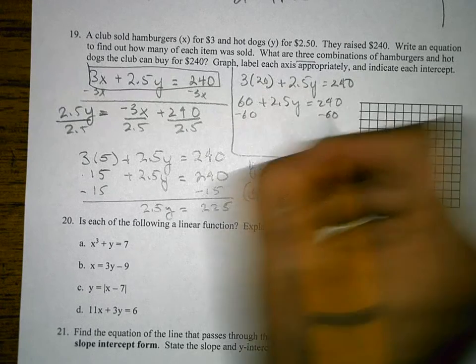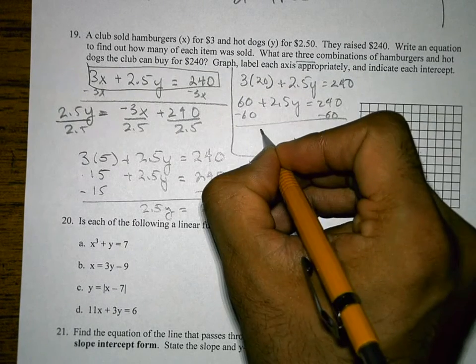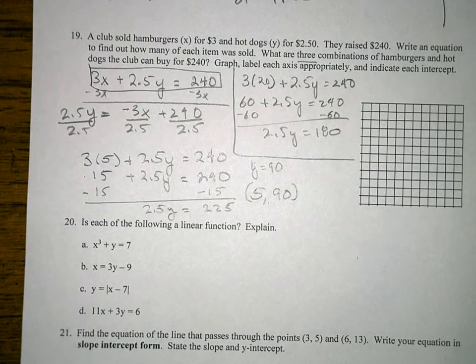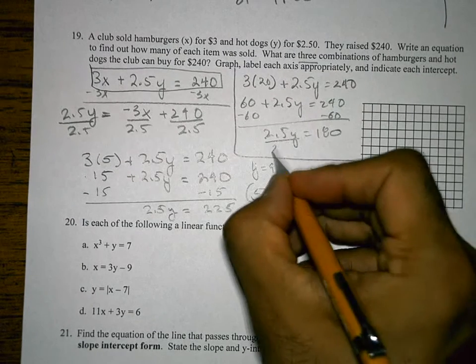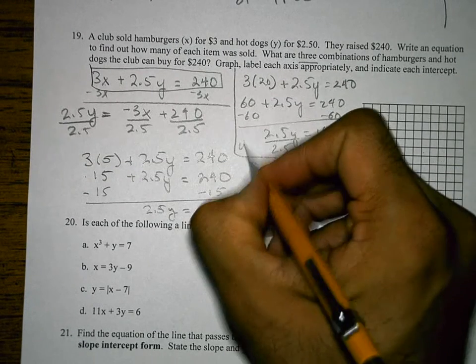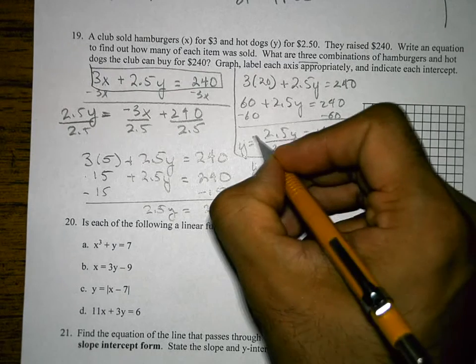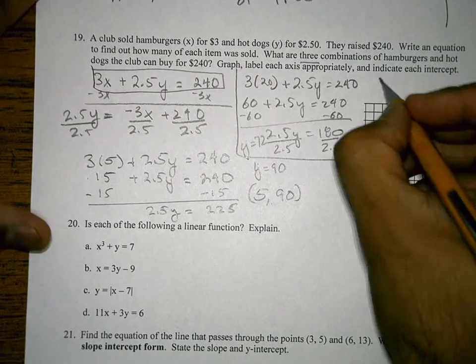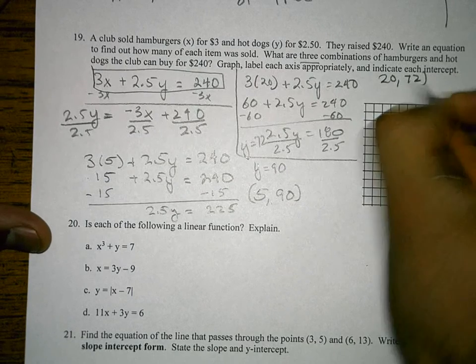Subtract 60 from both sides, and that's 2.5y equals 180. Then I'll divide that out, 180 divided by 2.5, and y equals 72. Kind of running out of room here, but so I also have the point 20, 72.